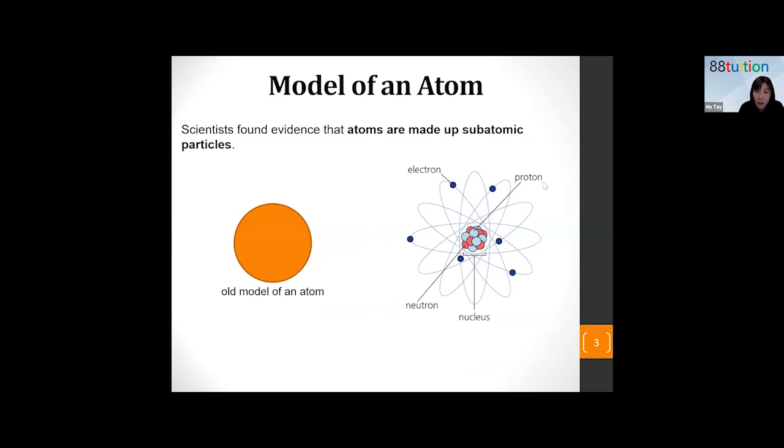They have their positions inside the atom, so you cannot just anyhow place them, right? Inside the atom, right in the center, we have the nucleus. In the nucleus exist the protons and the neutrons. The electrons are in the electron shells, surrounding or orbiting around the nucleus.